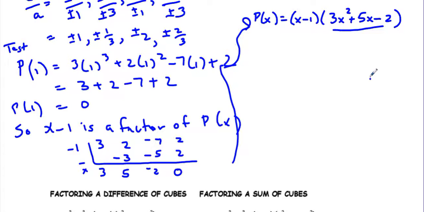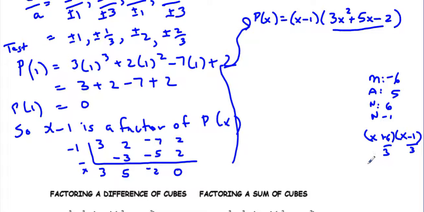And so we go to our other methods that we know for quadratics. So the man method, for instance: two numbers that multiply to minus 6 and add to positive 5 are 6 and negative 1. And then this is x plus 6 over x minus 1. So sometimes you have to do some of this in the margins. Bring down the 3, and you would get x plus 2, and then 3x minus 1.